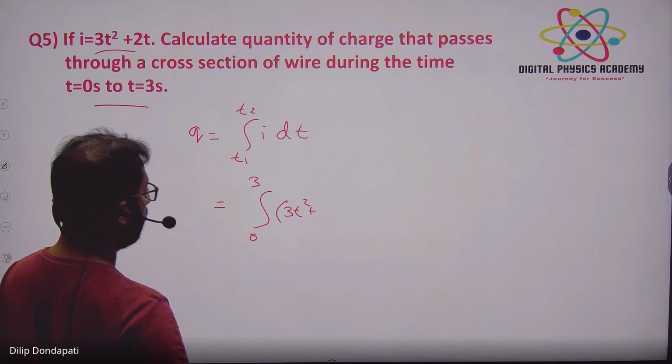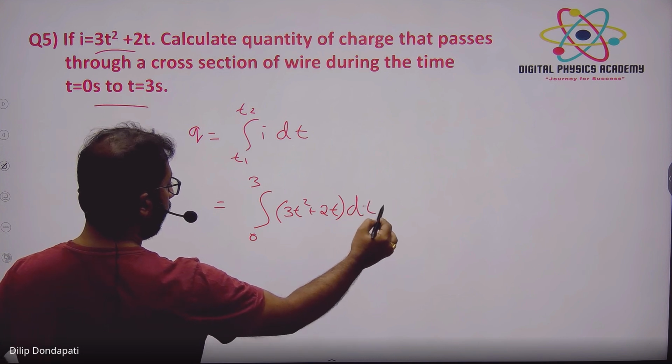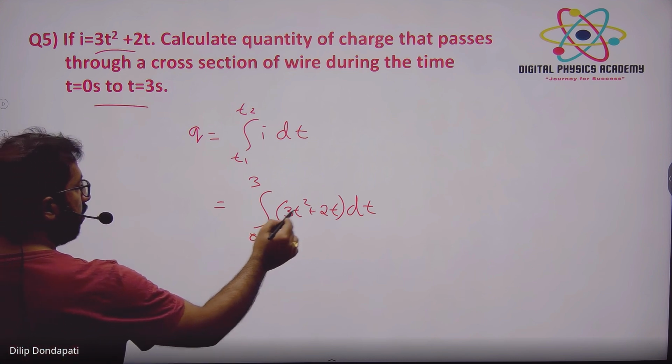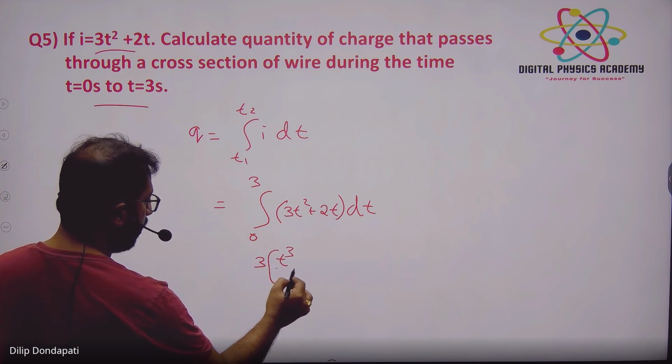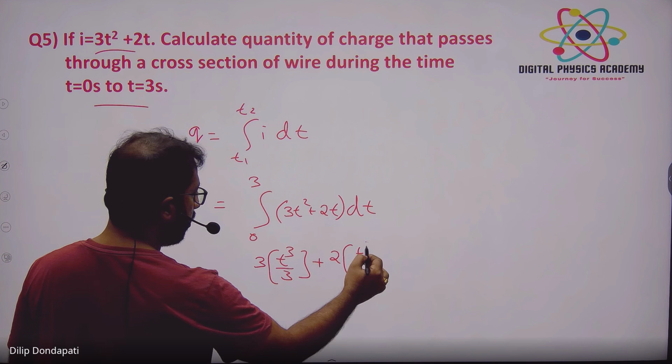36 coulombs, yes, correct. The integral is of t square plus 2t dt. So integrate both sides. 3 comes outside. Integration of t square is t cube by 3, plus 2 outside, integration of t is t square by 2.